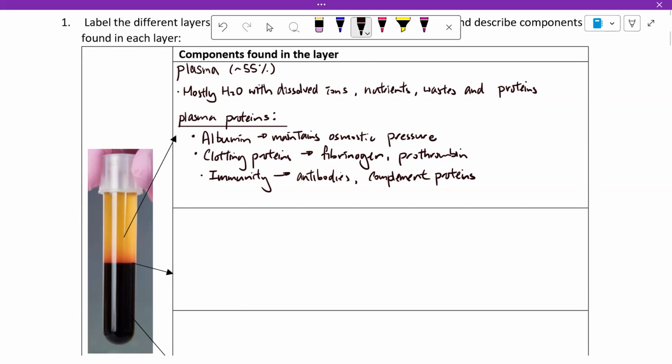They will tag the pathogens, so it's easier to perform phagocytosis on them. And they also can form membrane attack complexes, which will punch holes in the bacteria.